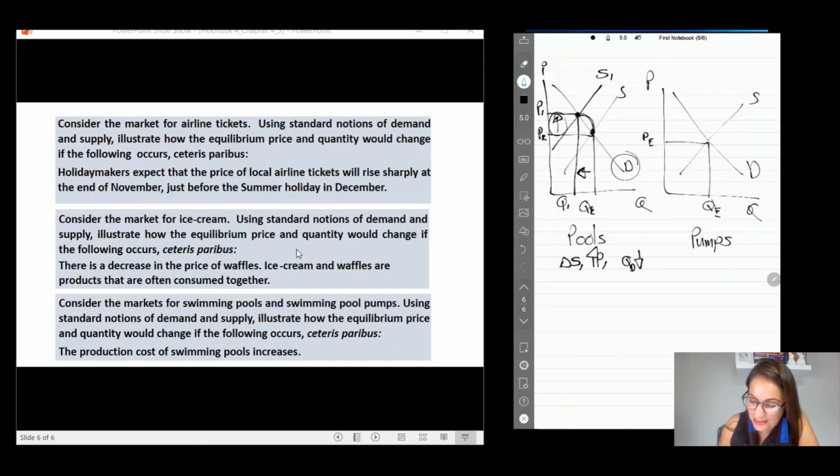And the pumps, if people are not producing swimming pools anymore, they will not be needing pumps as much. So demand for pumps will decrease. It will result in a decrease in prices and a decrease in quantity.